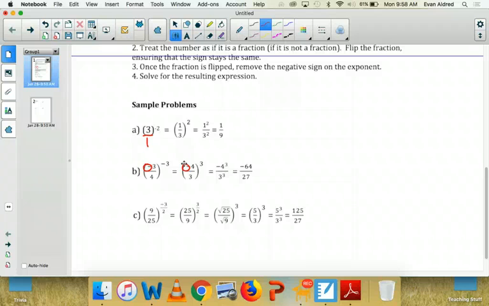But the negative remains the same. So it's negative 3 over 4, and when you flip the base, it's negative 4 over 3. Your exponent becomes positive 3, and then you just solve. Negative 4 cubed is negative 64. 3 cubed is 27.